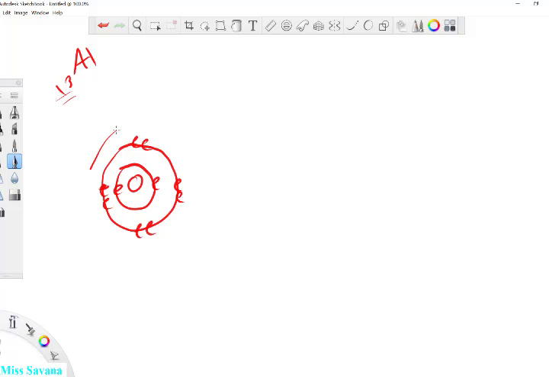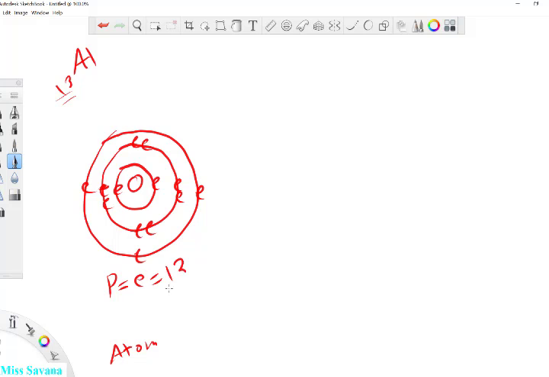So go over to the next one. Why? Because this one is full. 1, 2, 3. So this is the aluminum atom. Why is it an atom, guys? Because the protons are equal to the electrons, which is equal to 13. That means it's an atom. Why? Because it's neutral. Now if I want to change it into ion, why, guys, do I change it into ion?